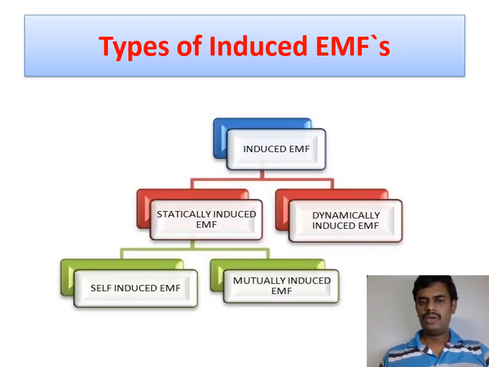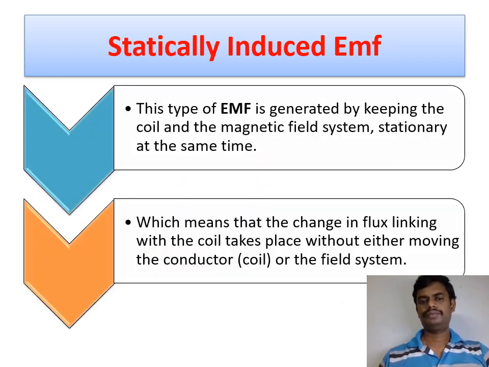Based on the types of induced EMF, they are classified into different types. Induced EMF is classified into statically induced EMF and dynamically induced EMF. The statically induced EMF is again subdivided into self-induced EMF and mutually induced EMF.